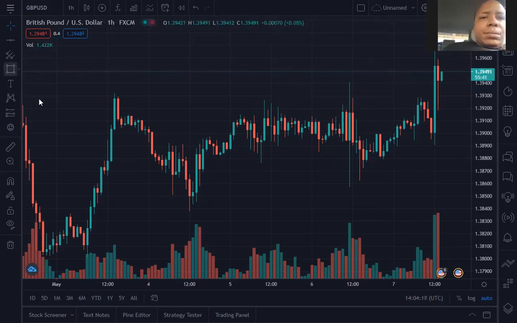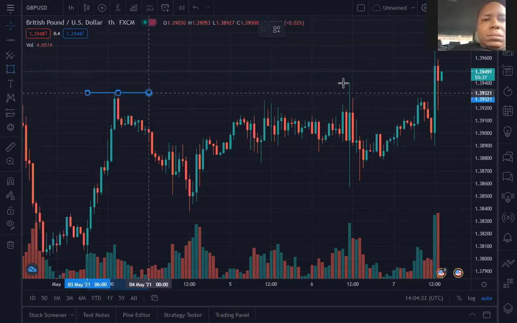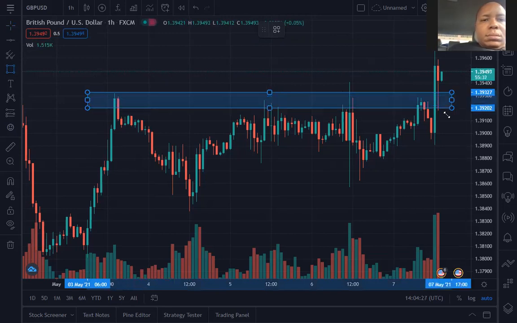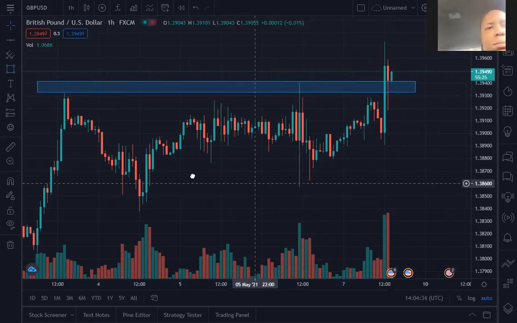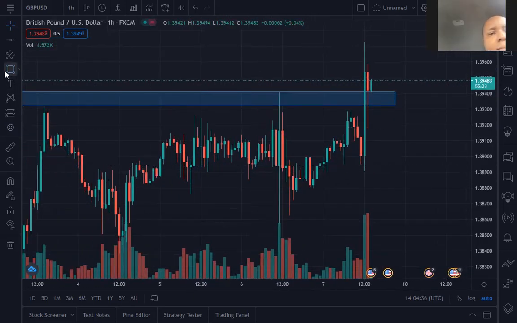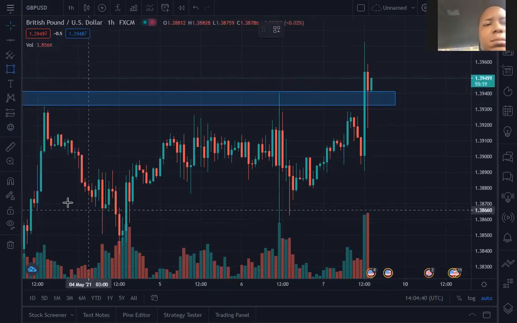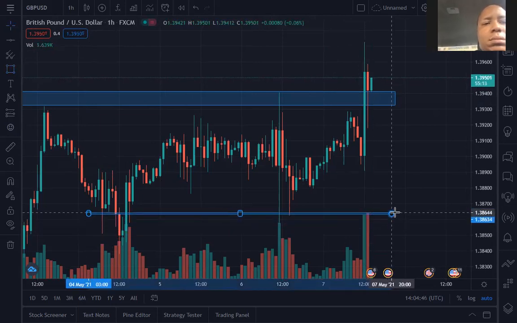So use a rectangle tool. If I place this, we can see that for now that's supposed to be a resistance, and this side slightly is supposed to be the support zone for us.